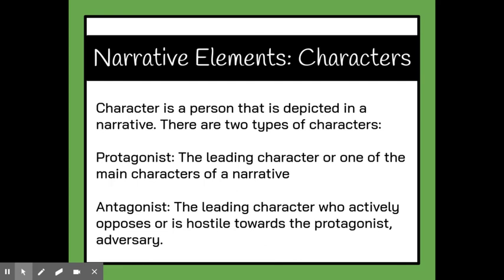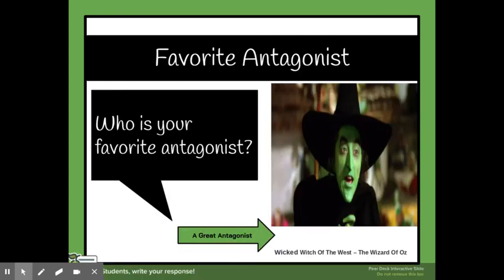And the antagonist, the leading character who actively opposes or is hostile towards the protagonist or is the adversary. So if you are a patriot soldier, then most likely the British are your antagonists, or the other way around. So who is your favorite antagonist? Think about this.